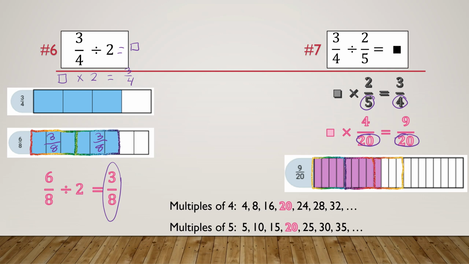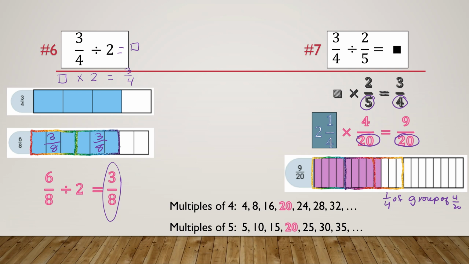Oh, wait a minute. That's not a full group. That is actually only a quarter of a group, 1/4 of a group of 4/20, right? And this is 1 full group and 2 full groups, and then a quarter of a group is 2 1/4.